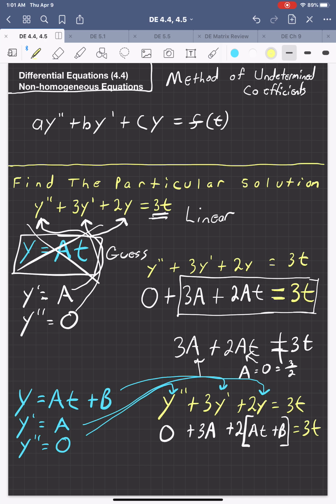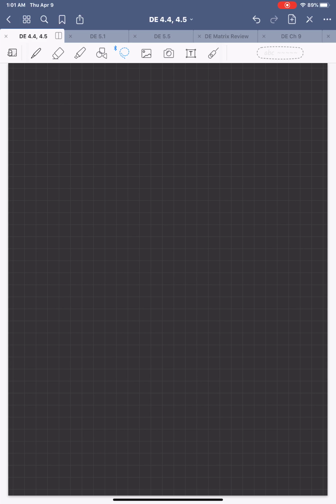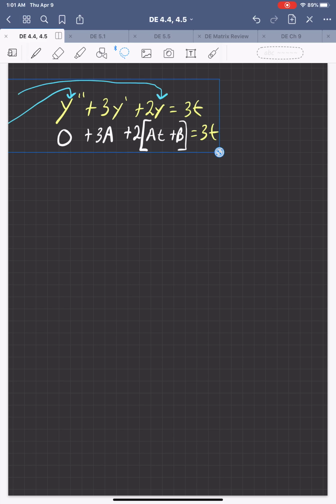Okay. Now, I think that I have enough space here to finish this problem because we're not too far from being able to do it. But since it's the first one from this section, I'm just going to give us a blank page, and we're going to finish it on this page right here.